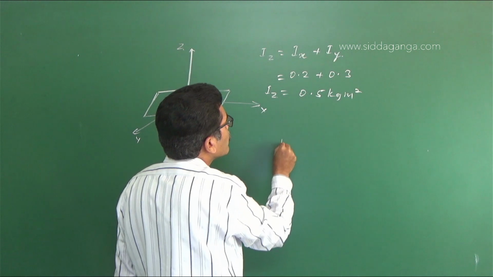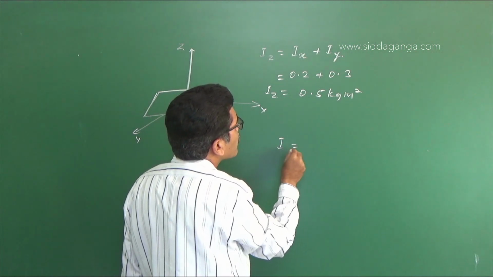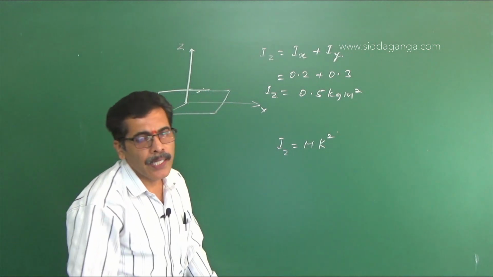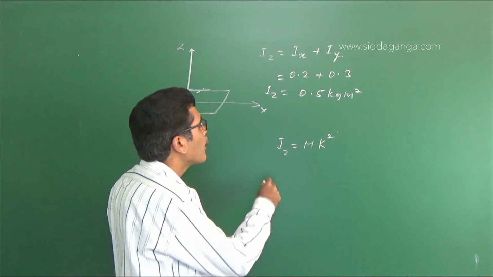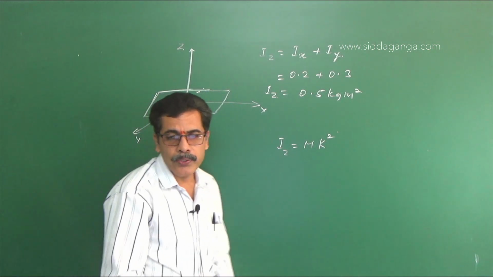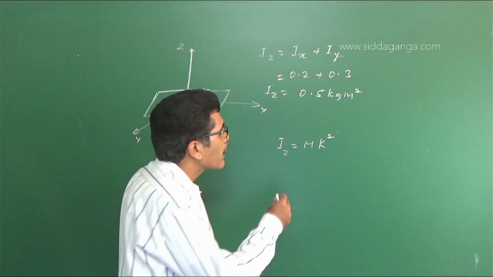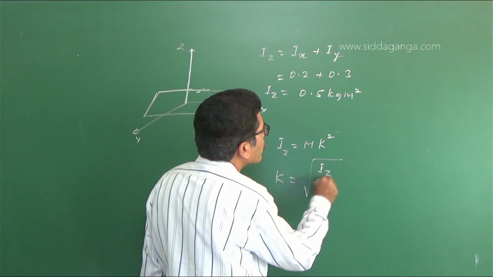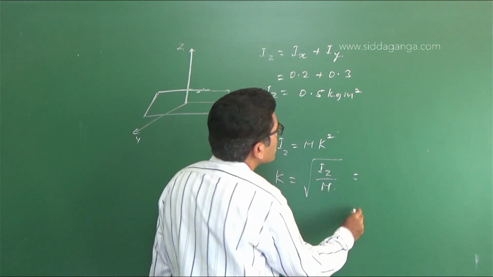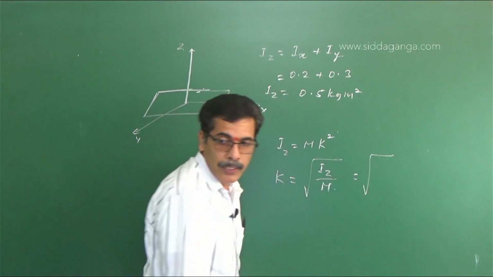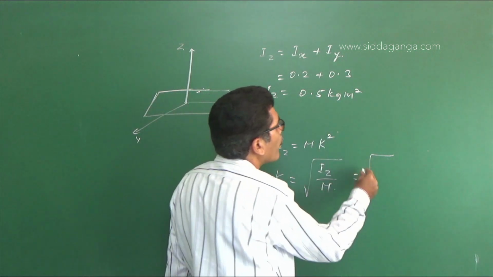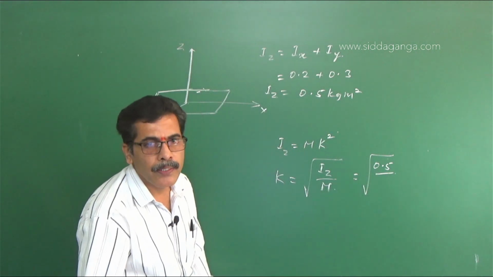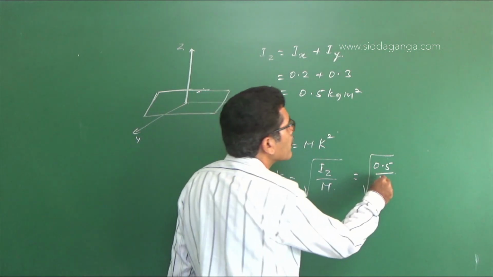You also know that the general formula is Iz = m k², where k is the radius of gyration. Therefore, to calculate the radius of gyration, k = root of Iz divided by m. Here you have Iz = 0.5 and mass is 2 kg.